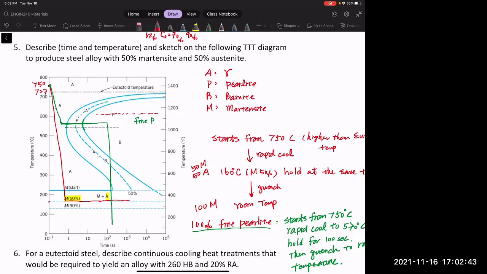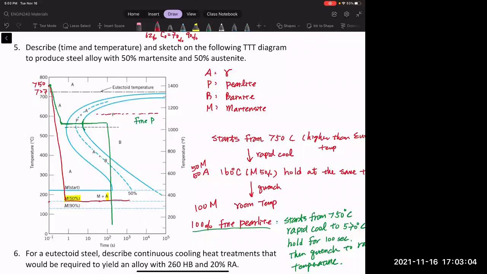You hold it for a long period of time, and then quench it so you create the pearlite this way. So this is how we can create these things.